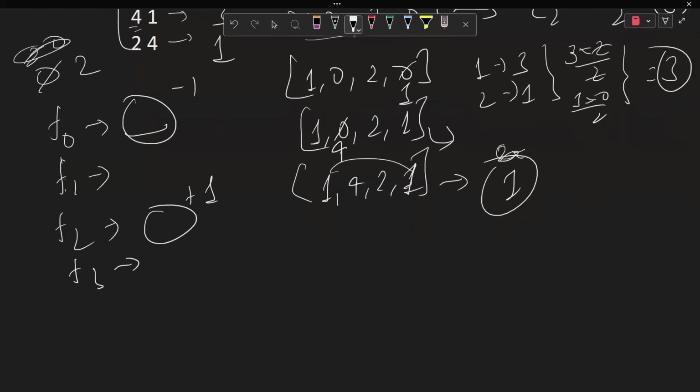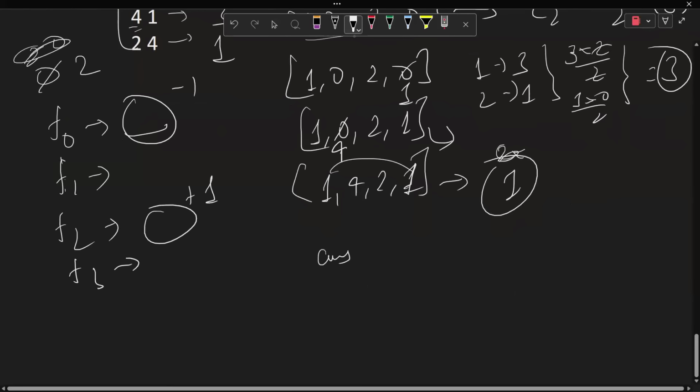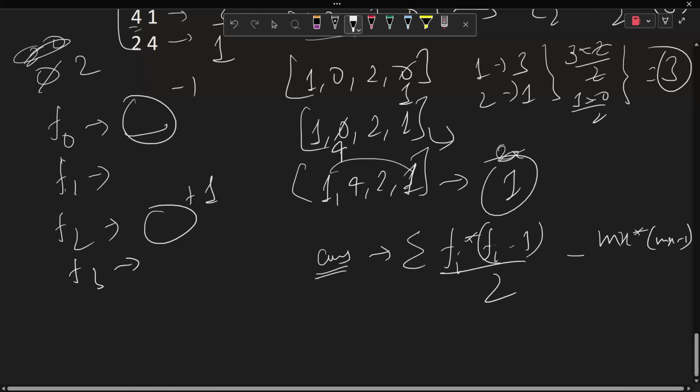And what is the change that would occur to your final answer? Your final answer was basically the summation of every frequency into frequency minus 1 by 2. And from this, you subtracted the maximum frequency and added the maximum plus frequency of 0.